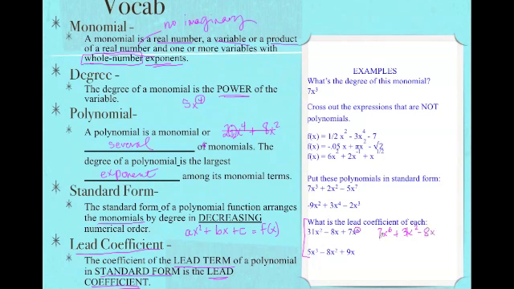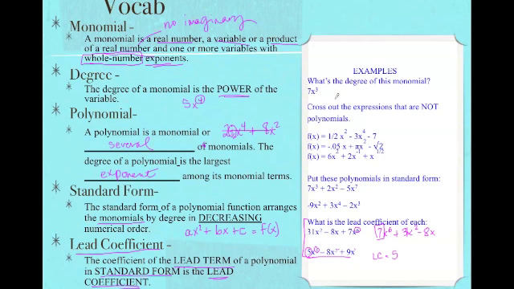Because this one's first, I know this is my lead coefficient. And this polynomial, it's already in standard form because the 3 and then 2 and then 1, so 5 would be the lead coefficient. And you can just abbreviate that with LC.